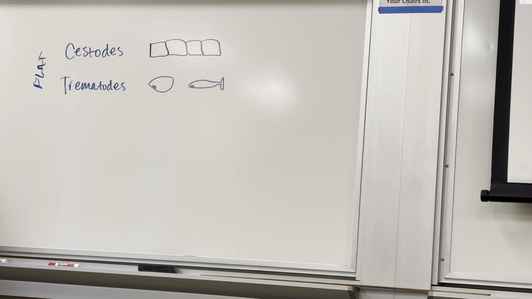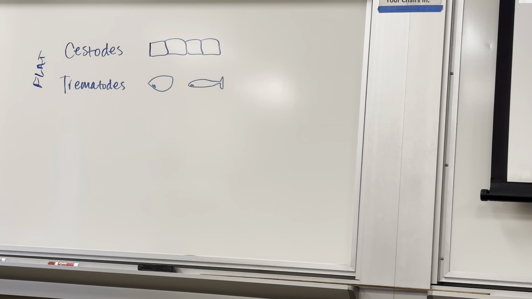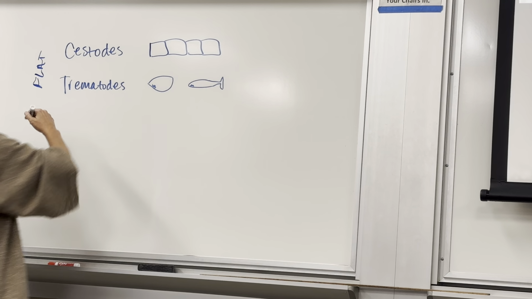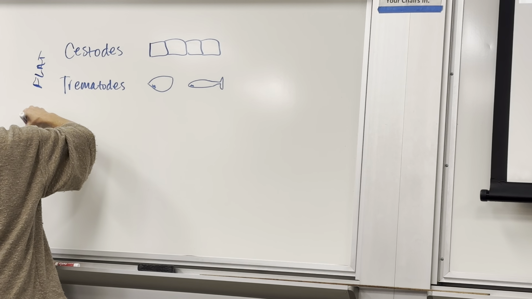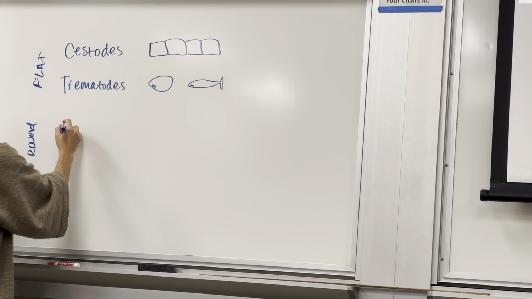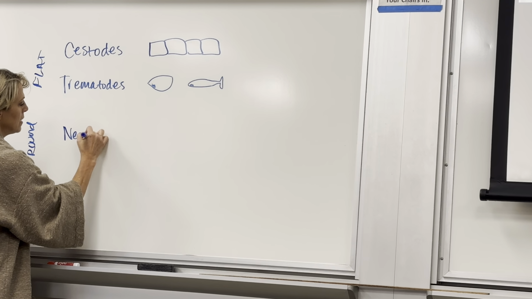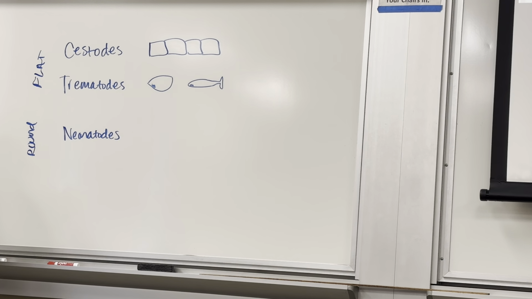Tapeworms, even though it's called a worm, it is a worm, but they're ribbon flat. They're very, very thin. And then we're going to talk about roundworms that are fatter, that are the traditional worm shape, that are nematodes, and that's it. But we have different kinds of nematodes, so we're going to go over the different kinds.